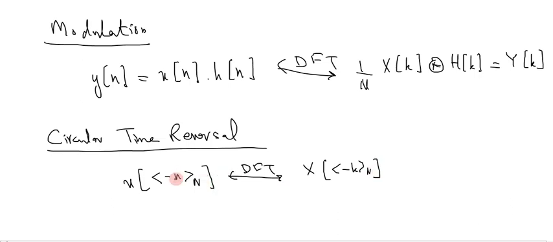It's a simple property. If you circularly time reverse in time domain, your discrete Fourier transform will also be circularly reversed in frequency domain. But first, let us see what is circular time reversal.